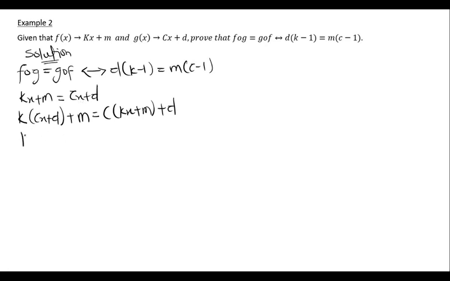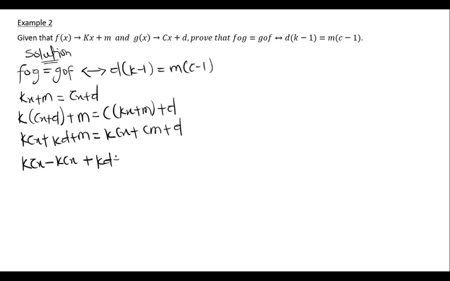We have kcx plus kd plus m is equal to kcx again plus cm plus d. If we bring the kcx over to the other side of the equal sign, we have kcx minus another kcx, then plus the kd over here plus m is equal to, this is no longer here because it is what we brought over here.